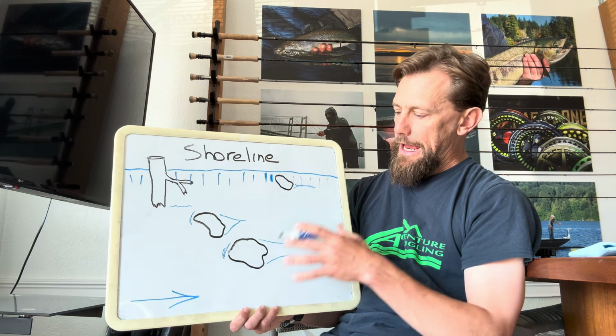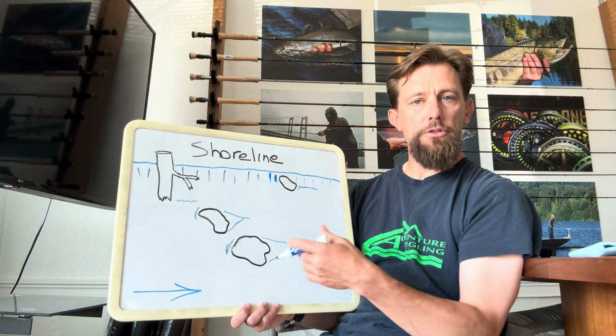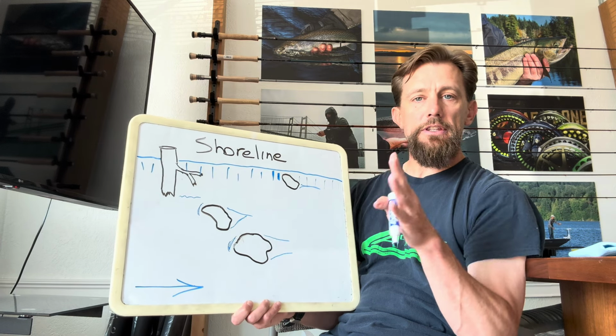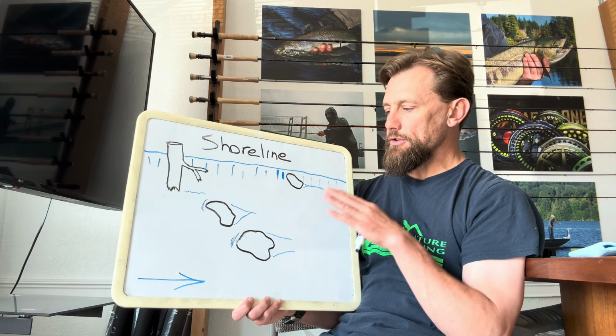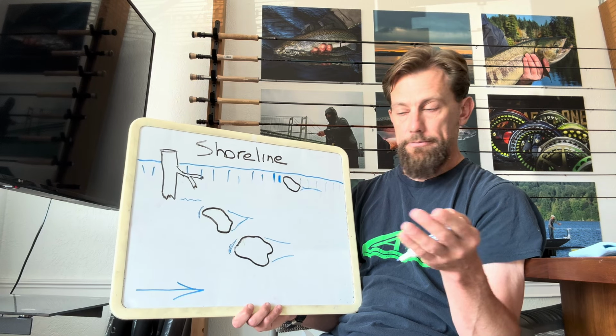When there starts to be lateral flow along the shoreline, the first thing that happens is the fish all orient themselves into the current. Obvious.